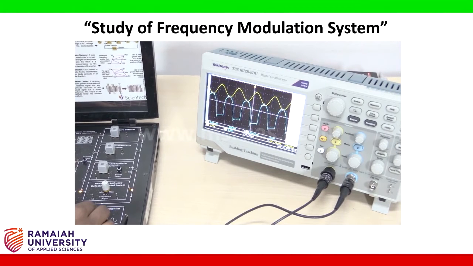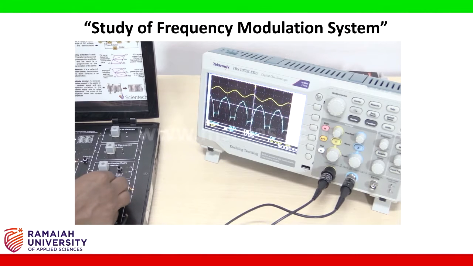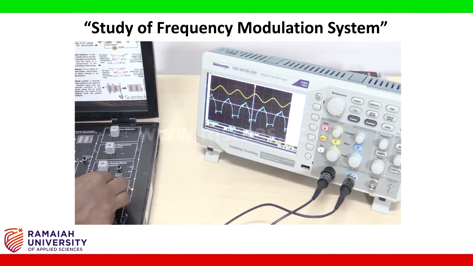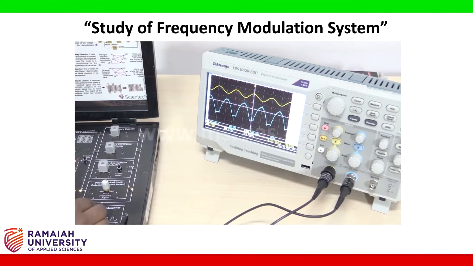So by reducing the amplitude gains, and by setting a proper combination of gain which doesn't overdrive the amplifier stages, we should be able to get back a proper output.